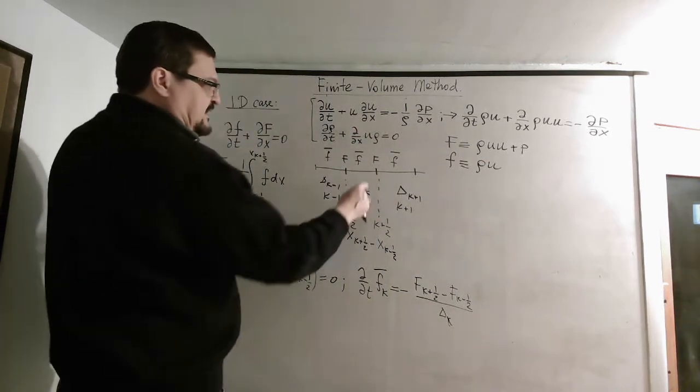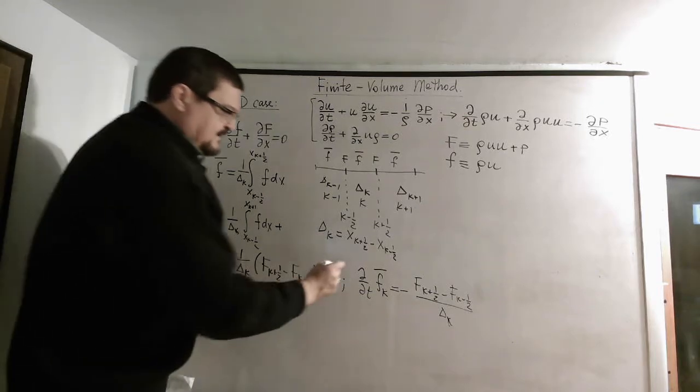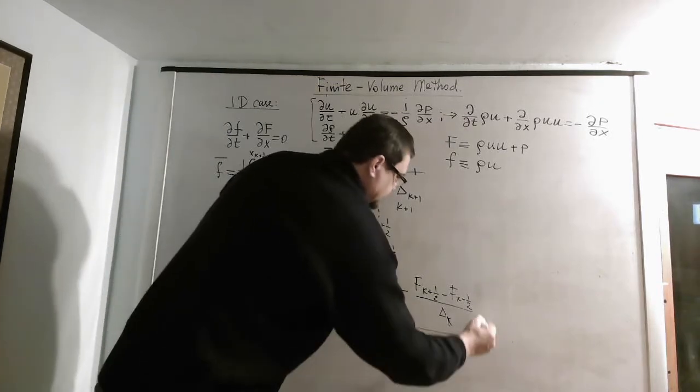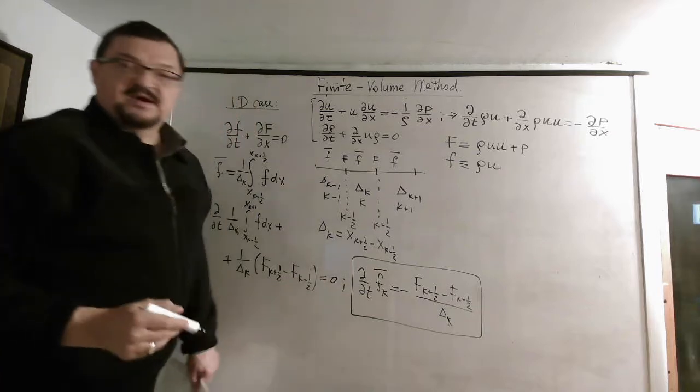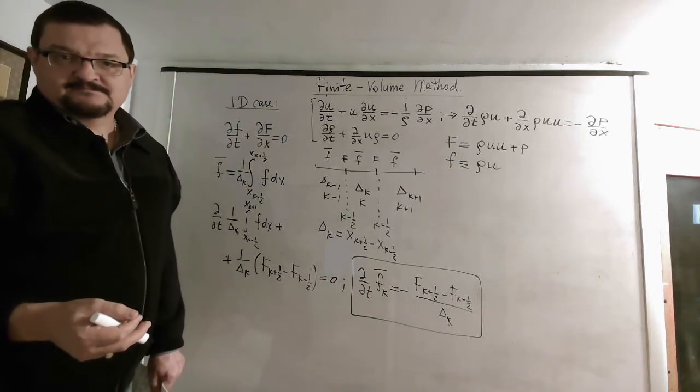So it's basically this flux minus this flux divided by delta. This looks exactly like finite difference method applied to the equation in flux form.